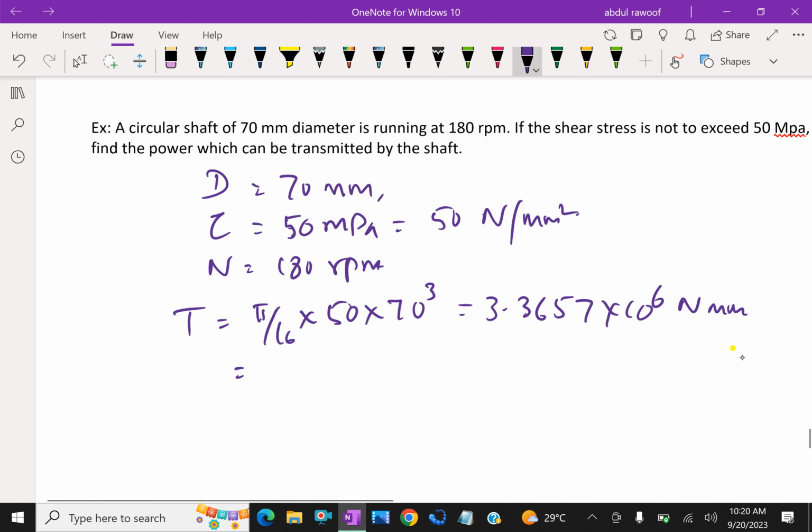So, therefore, torque equals 3.3657 kilonewton meter.